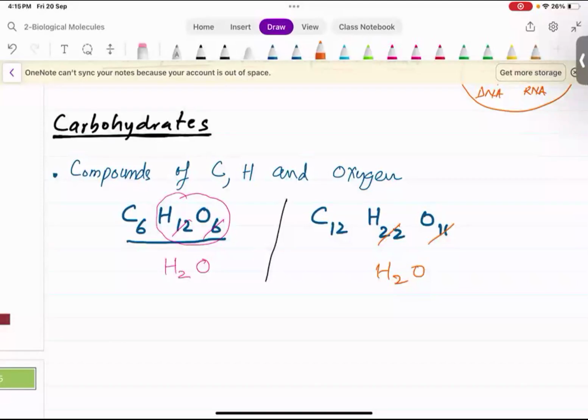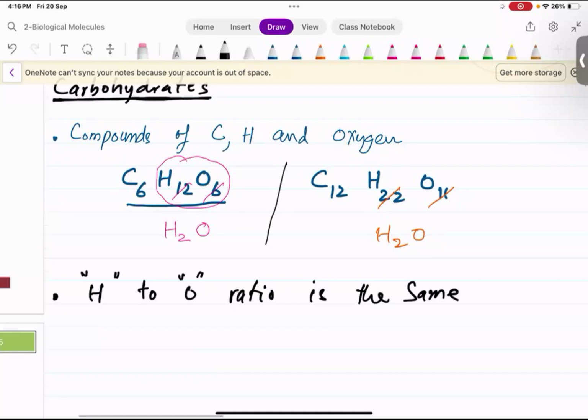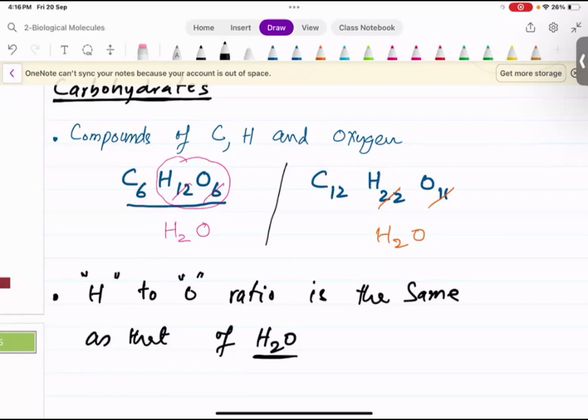So how do we define then carbohydrates? Compounds of carbon, hydrogen, and oxygen, in which hydrogen to oxygen ratio is the same as that of H2O. Got it? So hydrogen to oxygen ratio is the same as that of H2O.